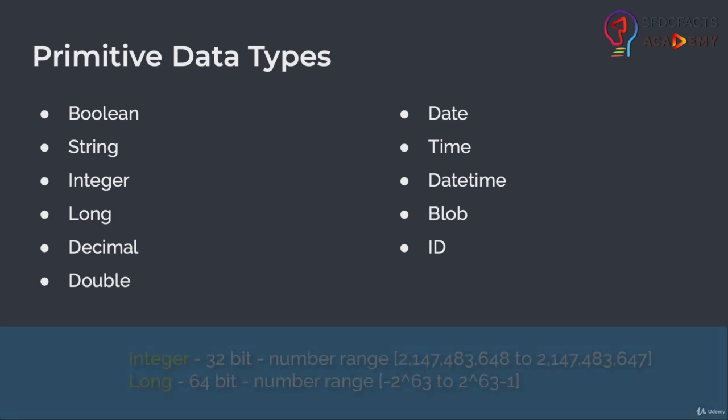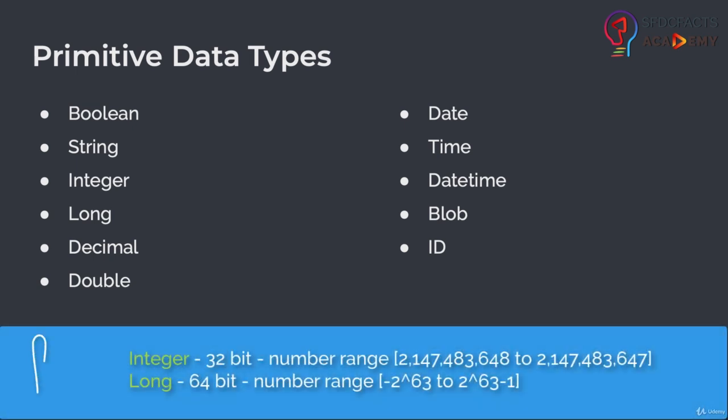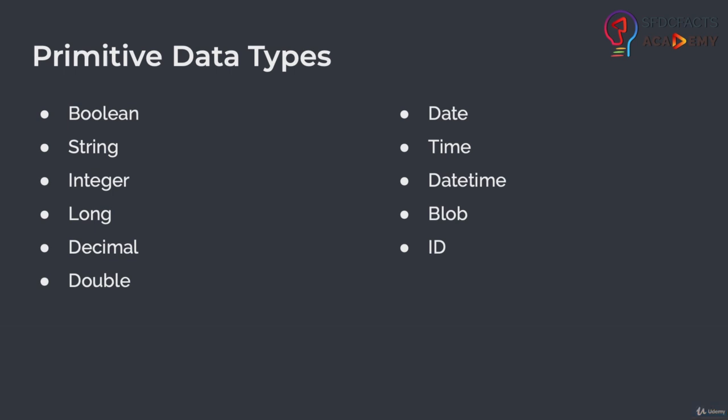The integer is a 32-bit data type, so that means it can store a value from negative 2 billion to positive 2 billion, whereas long is a 64-bit data type. So this means it can store a value larger than what an integer can store. The difference between a 32-bit and a 64-bit data type is the amount of memory they are going to occupy in your heap. So if you use a long variable, then it means it's going to take more memory space.